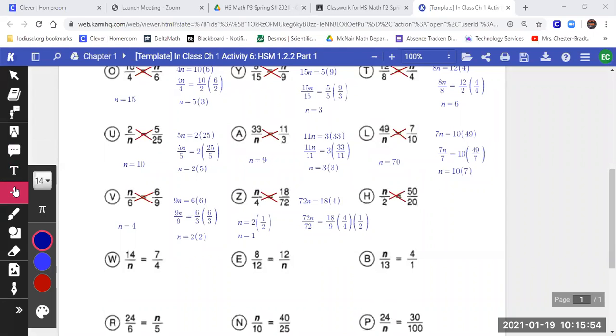So get my equation. 20 n's has to equal 2 times the 50. Next step of the equation is going to say what?